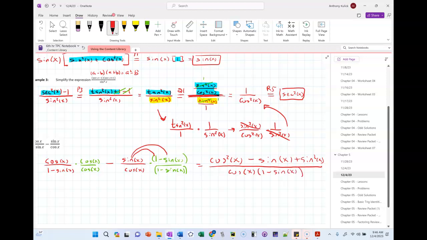When I'm doing a problem like this, I'm never going to multiply out the denominator, because my hope is later on I'm going to be able to reduce this fraction. For me to reduce the fraction, it must be in factored form, which the denominator already is. So we're never going to multiply the denominator out. That'll always just stay something times something. The numerator, though, we have to multiply out to combine like terms and then hope to factor again.